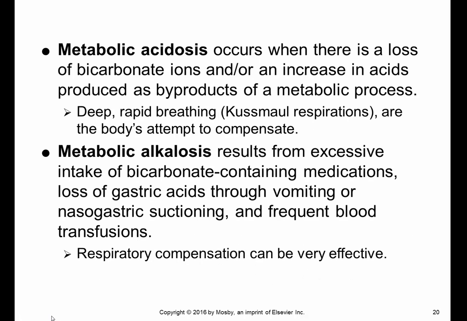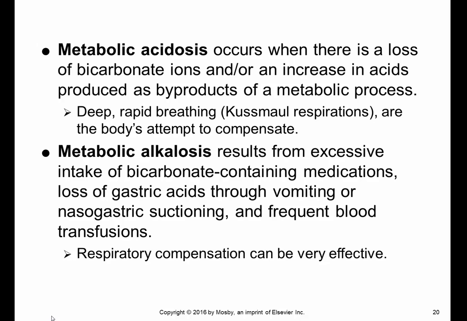Metabolic acidosis occurs when we lose bicarbonate ions or have an increase in acid produced by byproducts of metabolic processes. When we have a metabolic acidosis, we are going to increase our respirations in order to blow off CO2 to help compensate and bring the pH up a little bit.